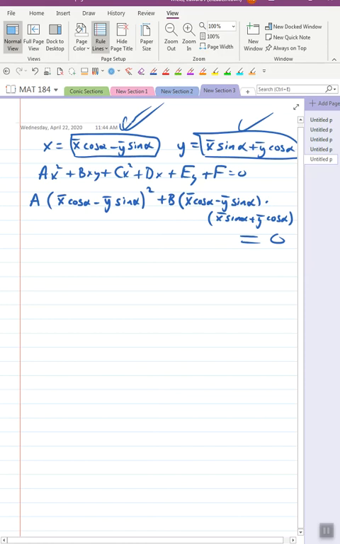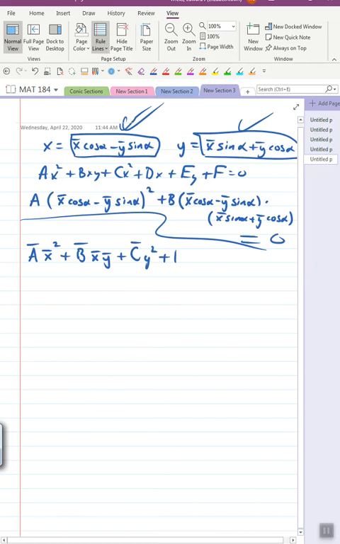Okay, now, obviously there's a lot of algebra to do there, and the one thing that the book does for you, which saves some time, is it says if you do all the algebra, that is, if you clean all of this up, you are going to end up with something x bar squared, something x bar y bar, something y bar squared, something x bar, something y bar, and then some constant equals 0.